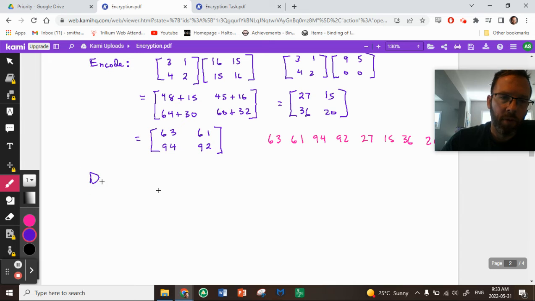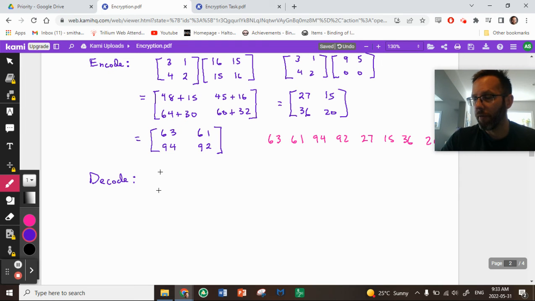So we're using the same encoder matrix, so the same inverse. Keep in mind, if you're doing your own with a different key matrix or different encoder matrix, you need to find the inverse for that one. So for us, it was 0.5. It definitely wasn't that. It was 1.